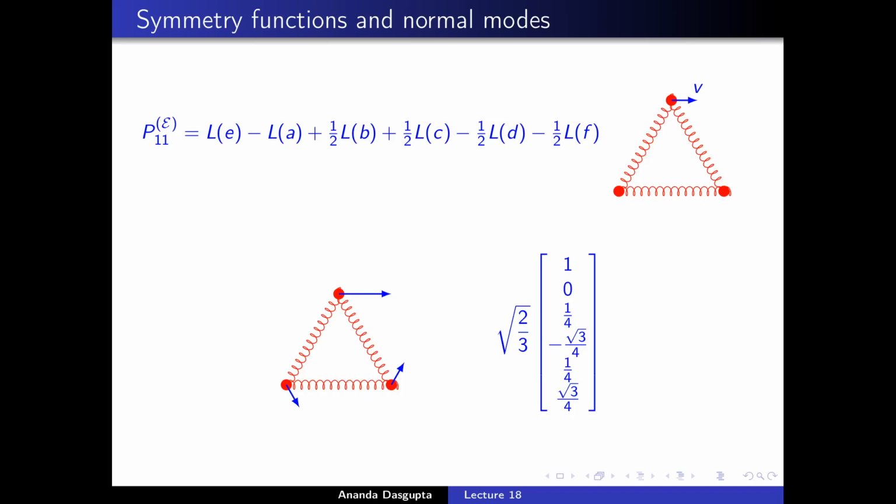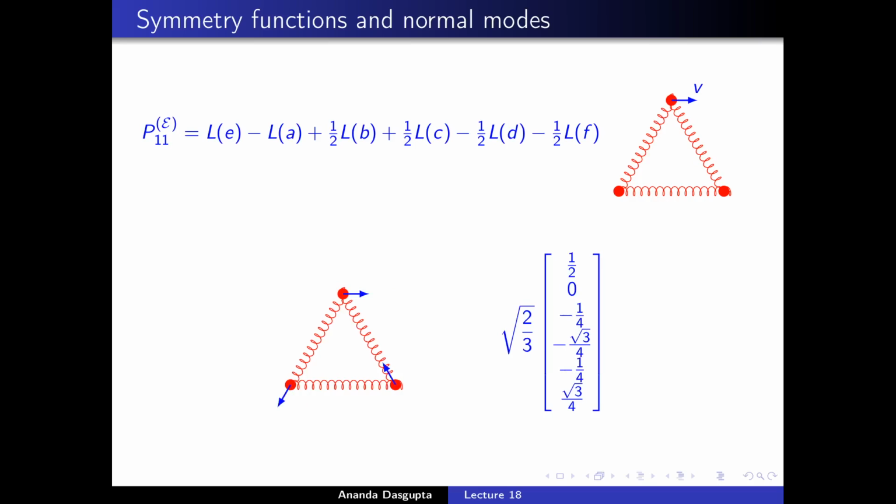So the top vector simply ends up being 1 unit long. In fact, all three vectors end up being 1 unit long, and this is the final vibrational mode that transforms like the first vector of this 2D irreducible representation. The corresponding column vector is pretty easy to figure out.